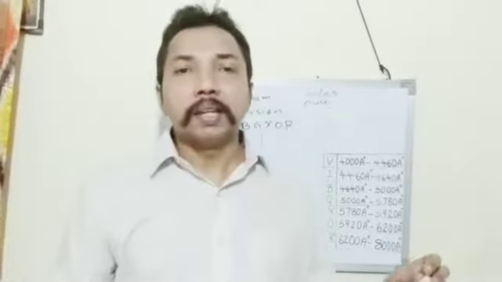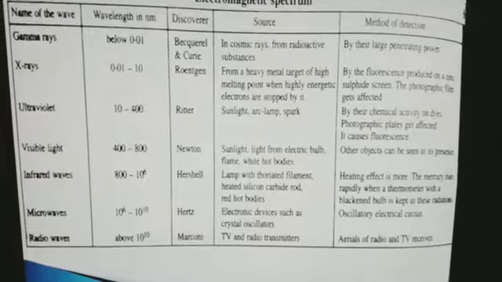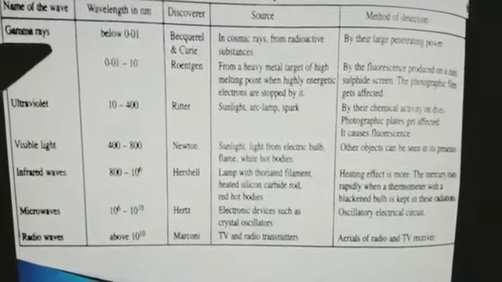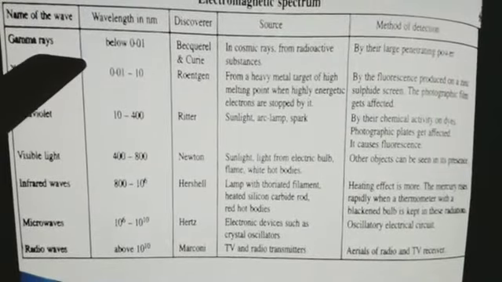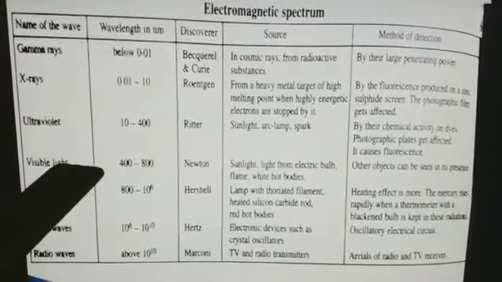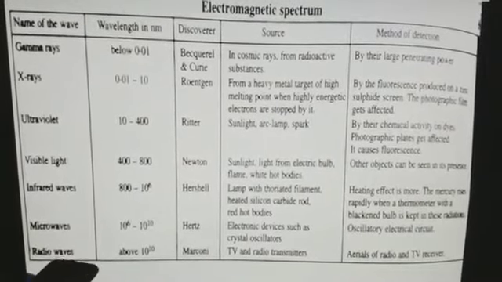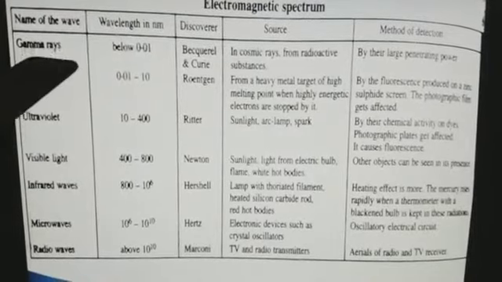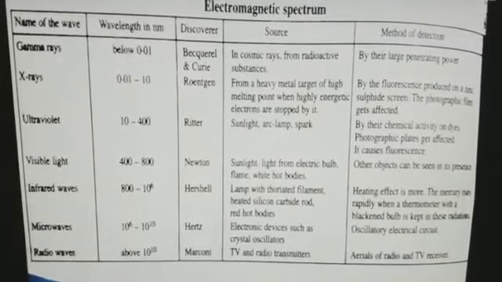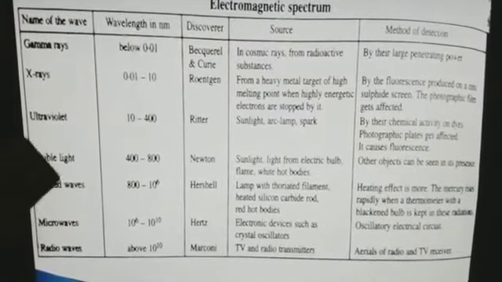Now let us see what is electromagnetic spectrum. Electromagnetic spectrum consists of gamma rays, X-rays, ultraviolet rays, visible light, infrared waves, microwaves and radio waves. These waves are written in the increasing order of their wavelength.